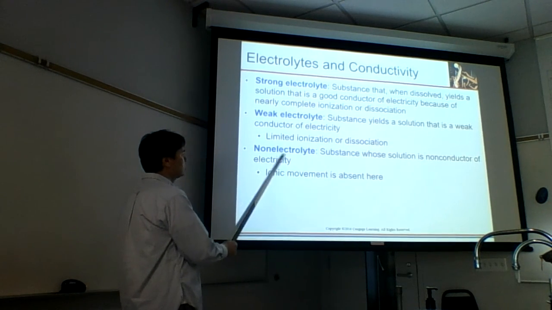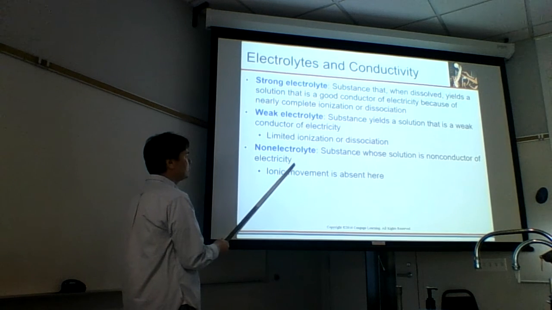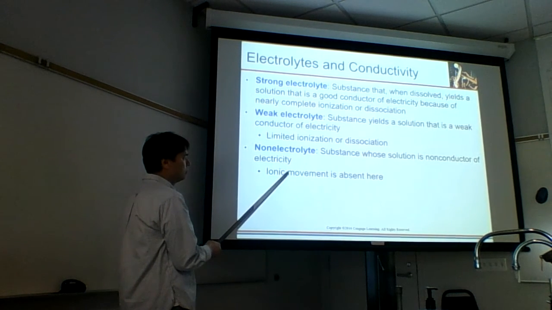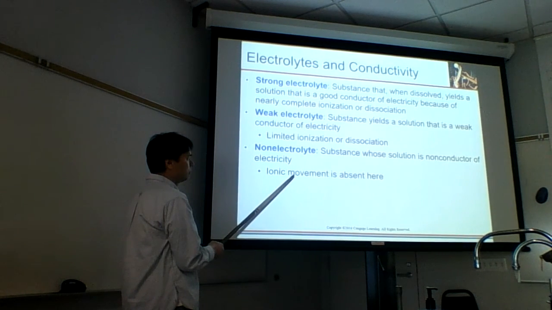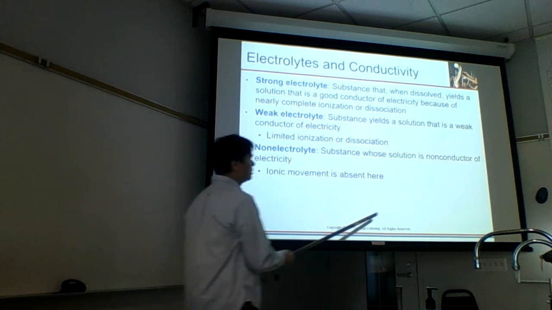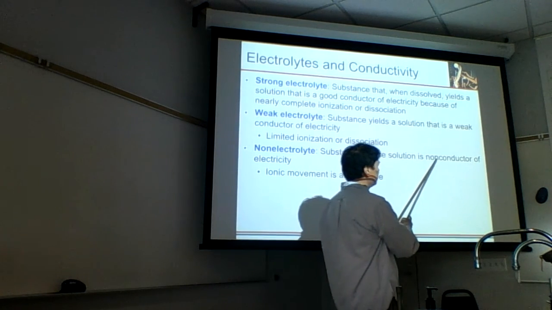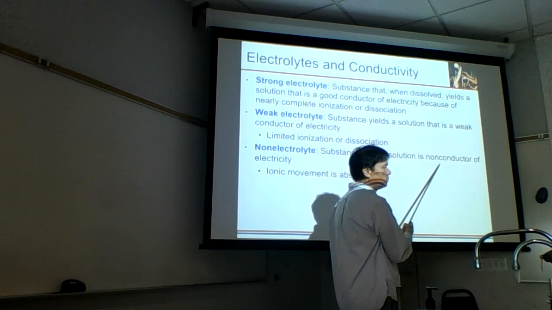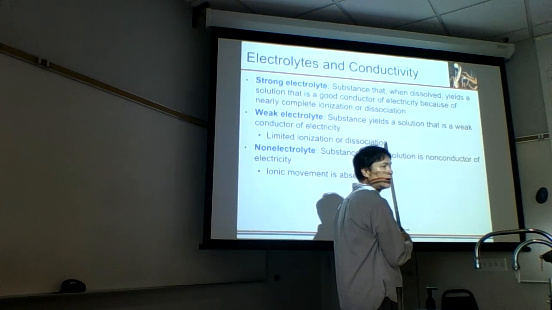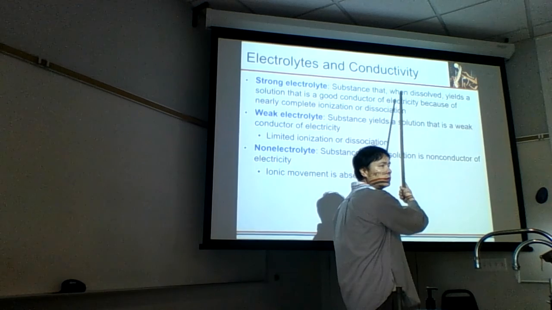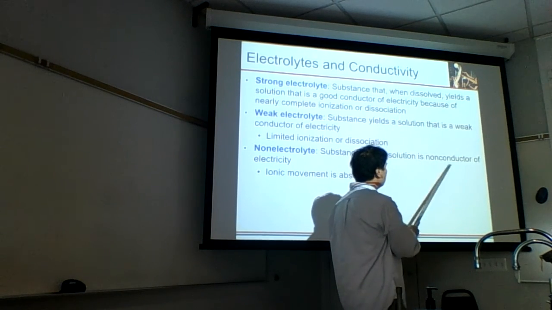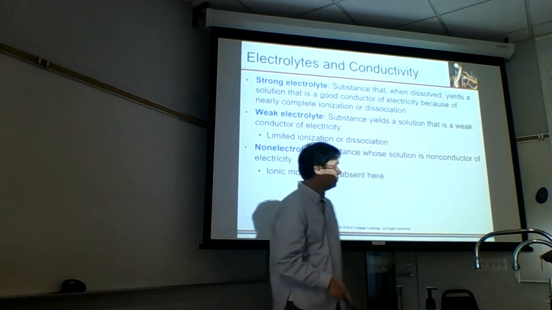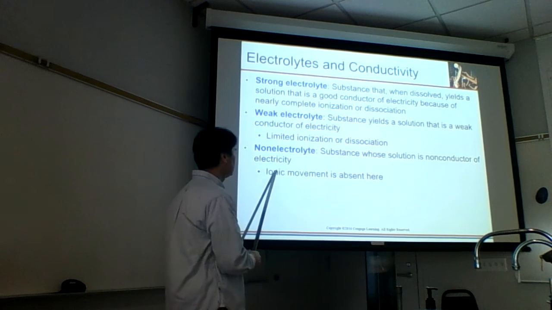Non-electrolytes are substances that do not dissociate. Again, this is confusing because if your sodium chloride is very, very dilute, it's going to appear to be a non-electrolyte, but that's not the case. And we're going to call sodium chloride a strong electrolyte. So the definition here, we need to change it.